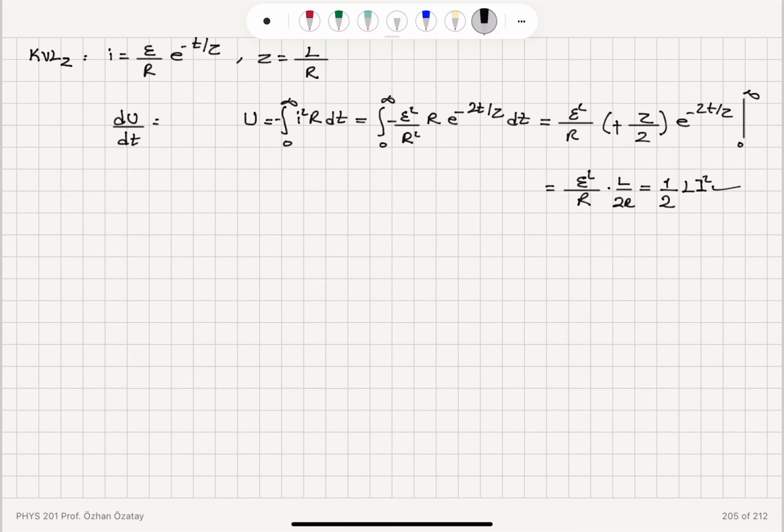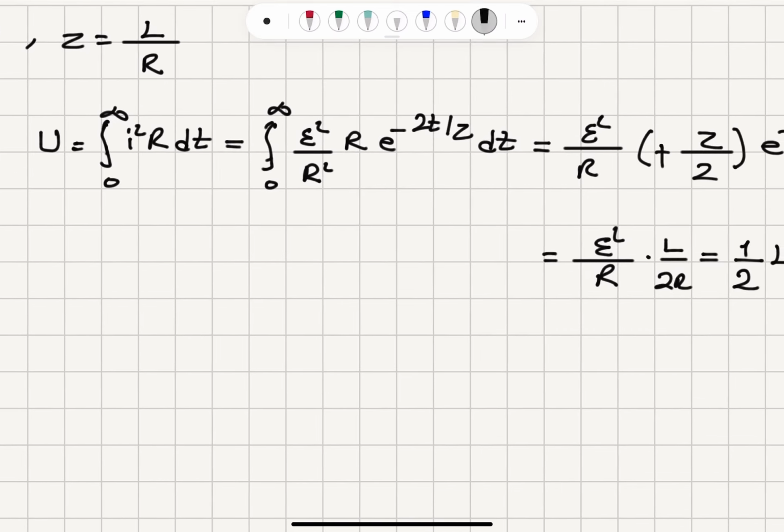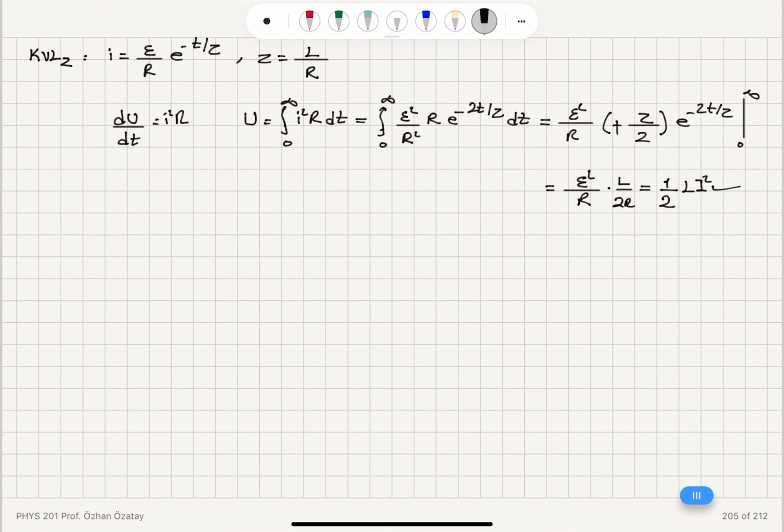This du dt is equal to I square R. So let's get rid of this minus sign here. So we do obtain a decrease in energy as time goes by. So this is going to give us epsilon square over R times L over 2R, which is 1/2 Li squared.